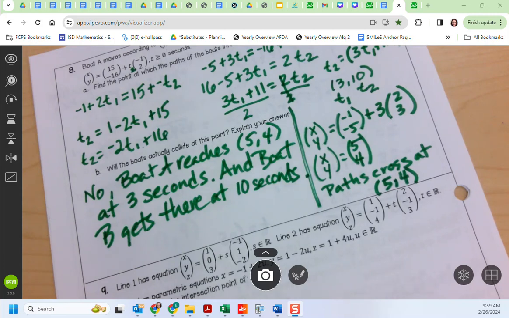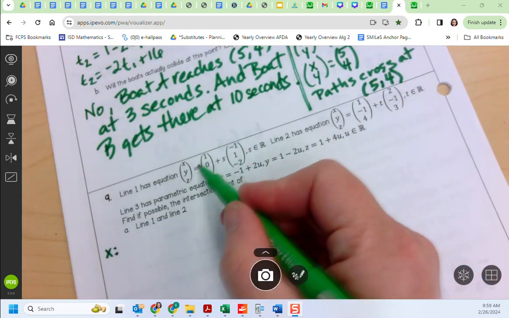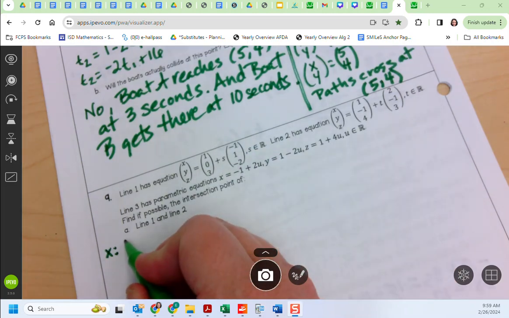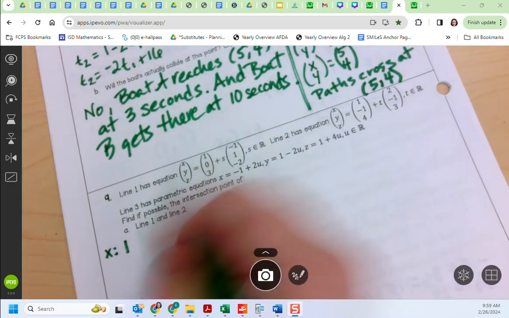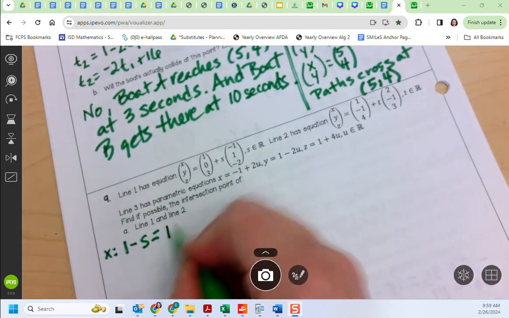So what we're going to do is set the x's, the y's, and the z's equal and see whether they have a common solution, okay? For the x's, I have 1 minus s. Remember, we're just doing lines 1 and 2. So 1 minus s is 1 plus 2t.